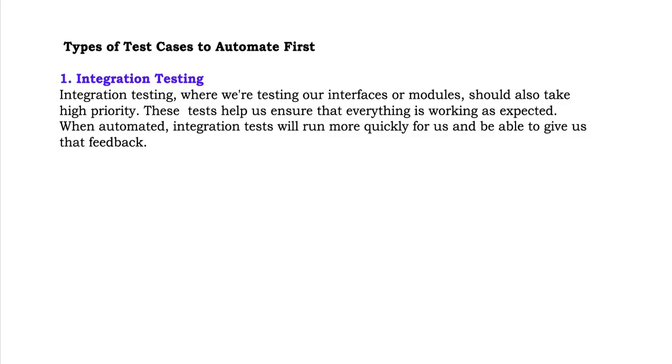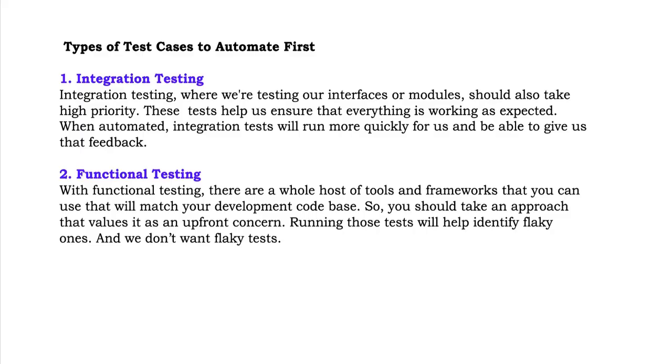Apart from this, you can automate another set of test cases, which is smoke tests. Smoke tests can be automated, which come under integration and then functional testing. With functional testing, you will know the basic functionality of the application. That is the reason it is very important to automate functional testing, which again comes under regression and smoke testing.